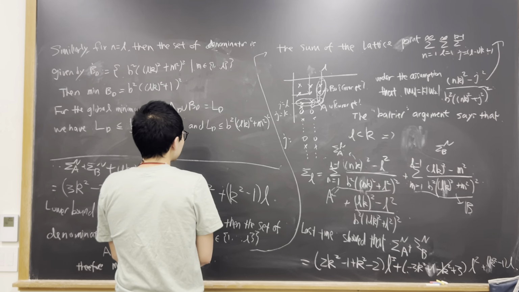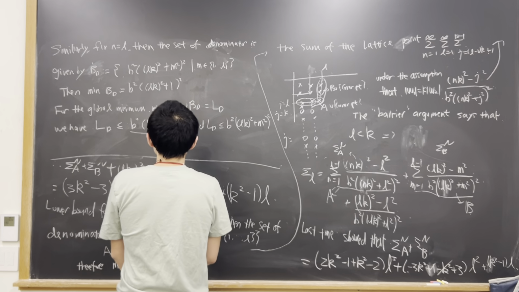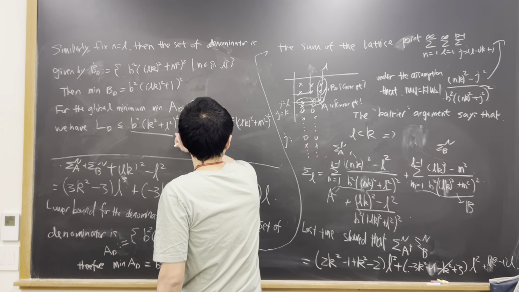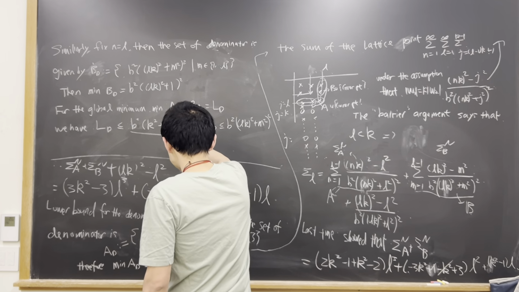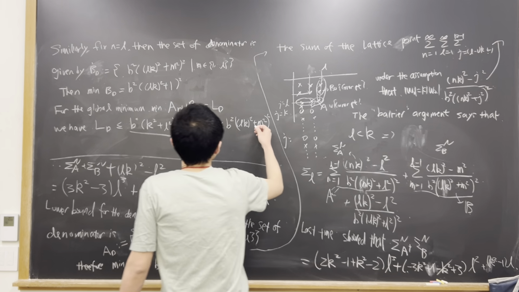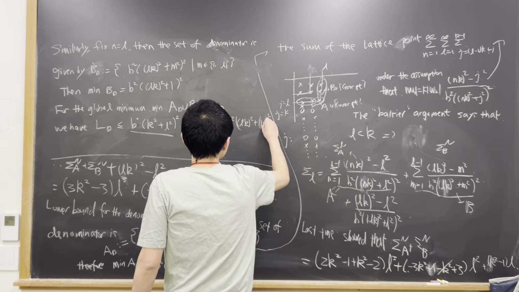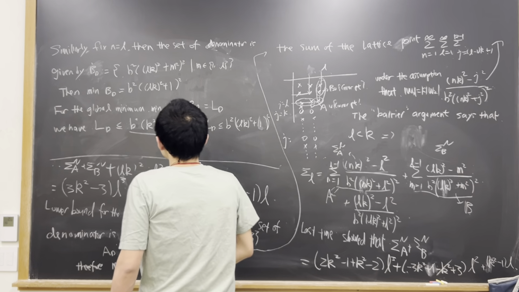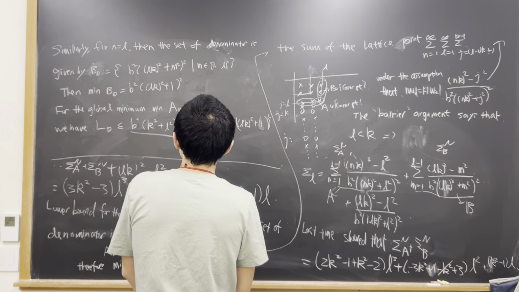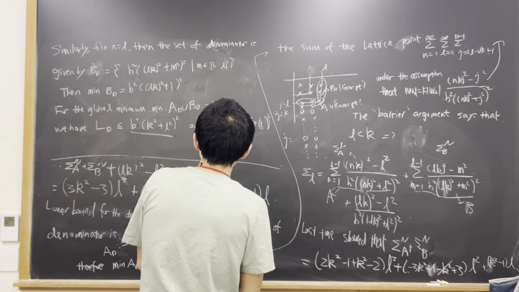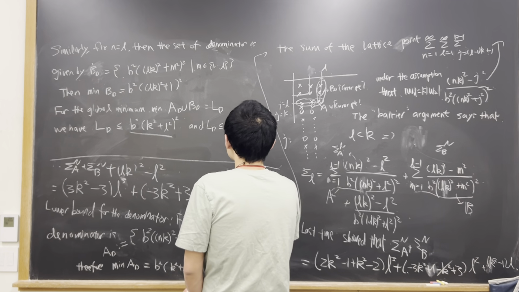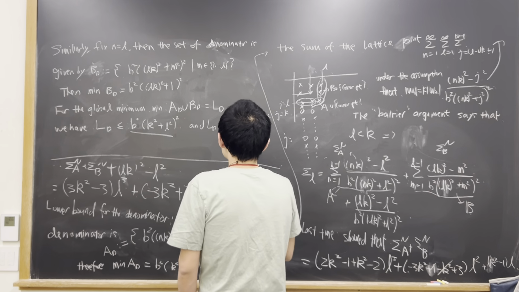Yeah. So therefore we pick the smallest one among these two. So which is the smallest one? So this is 1 squared. Yeah, so this is bigger.